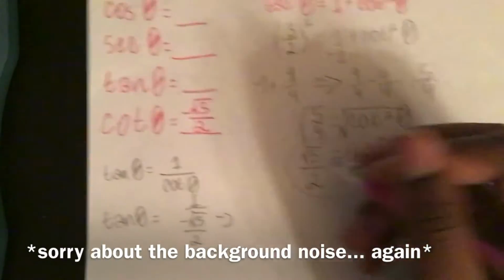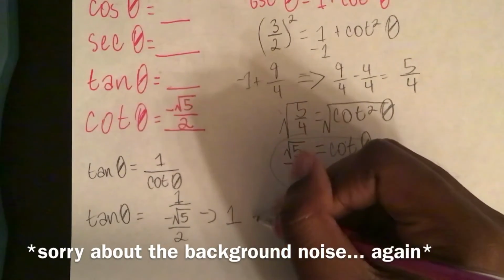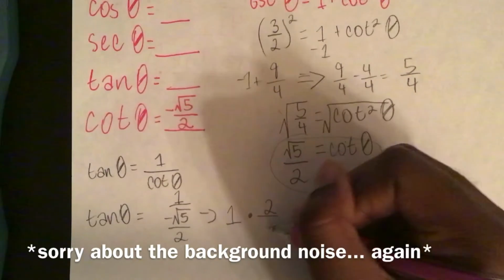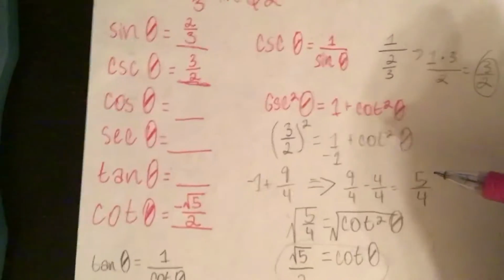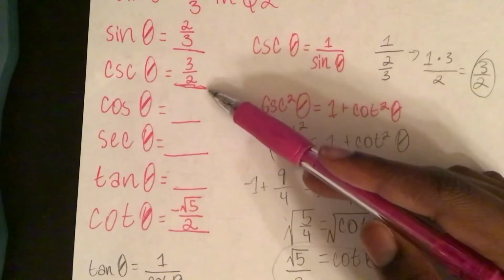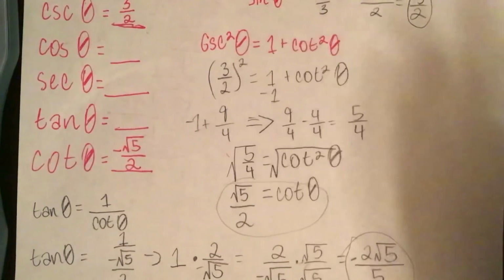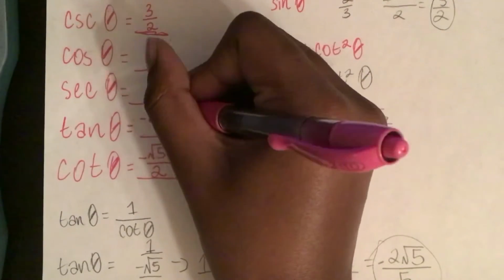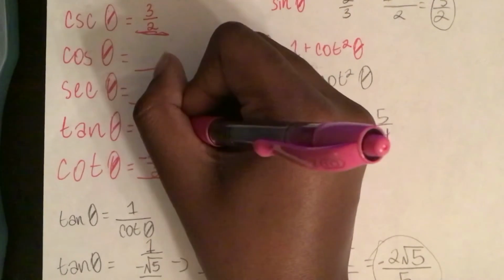That's going to bring us here to 1 times its reciprocal, 2 over the square root of 5. It is going to remain negative because, like I said, only sine and its reciprocal cosecant are positive in quadrant 2. So tangent equals negative 2 times the square root of 5 over 5.